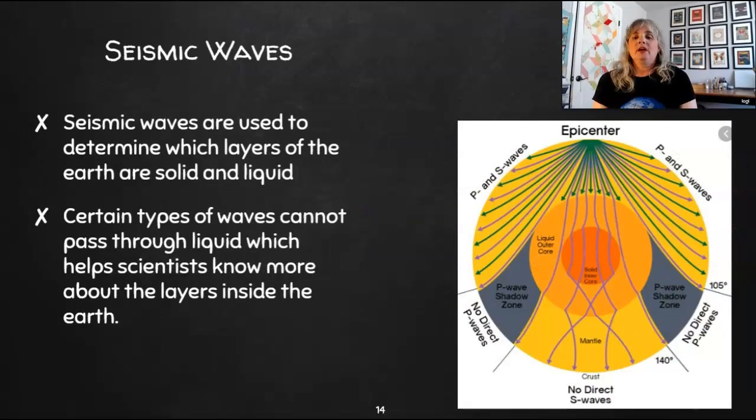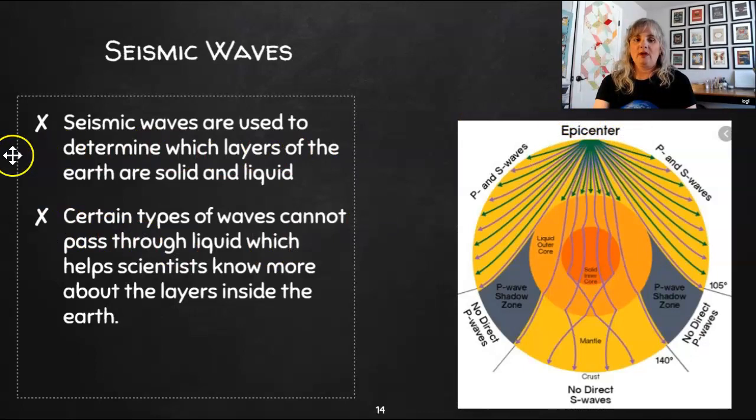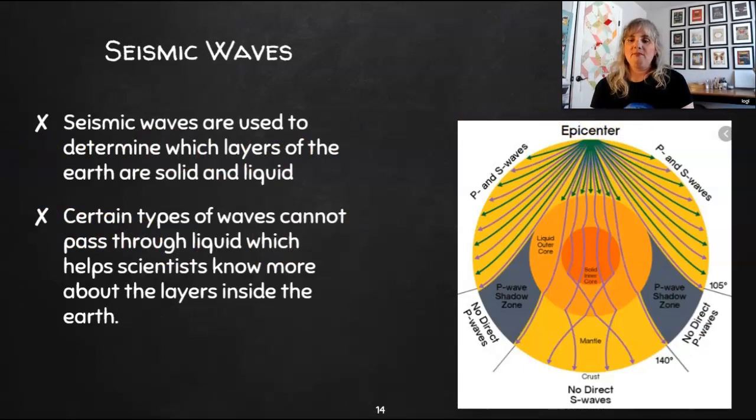So here is a little picture of, if on the top of this we have the epicenter of an earthquake, the center of an earthquake, and we can measure different types of seismic waves, and some seismic waves cannot move through liquid and some can.